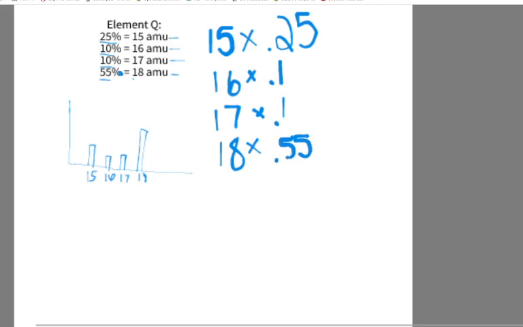And we got 0.55 by moving the decimal twice here, 0.1 by moving the decimal twice here, 0.1 by moving the decimal twice here, and 0.25 by moving the decimal twice here.